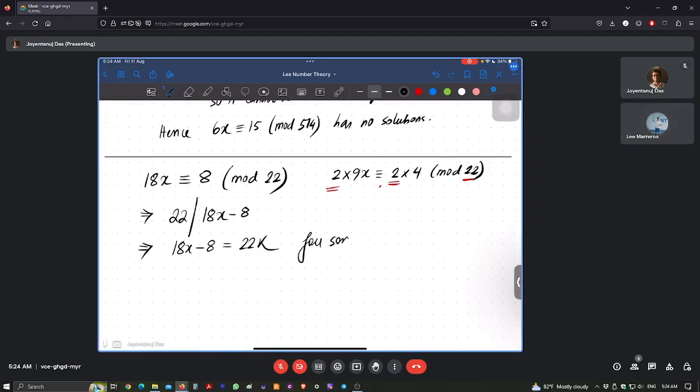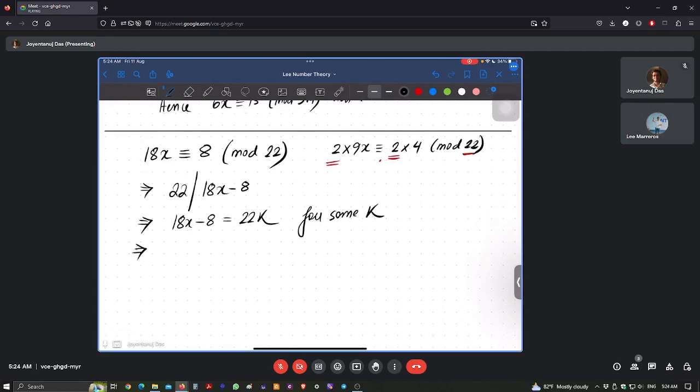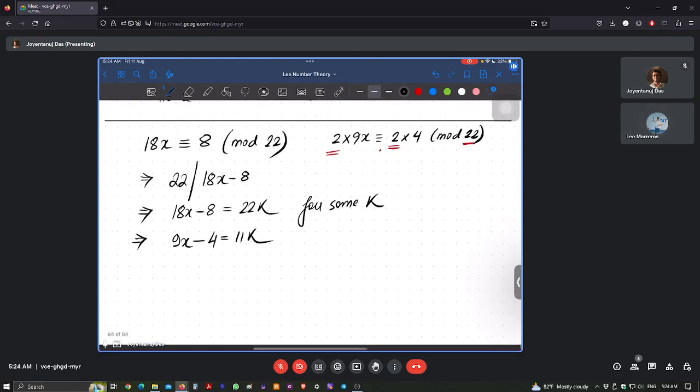From here we can simplify, for some k, 9x minus 11k equals 4.